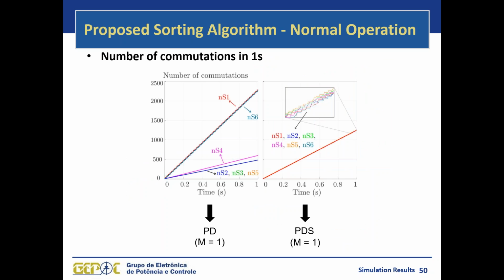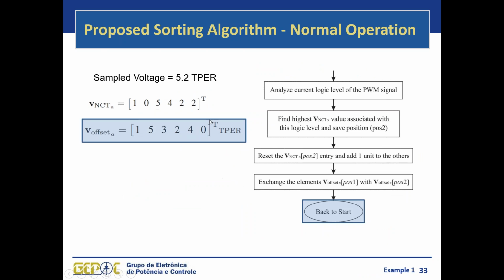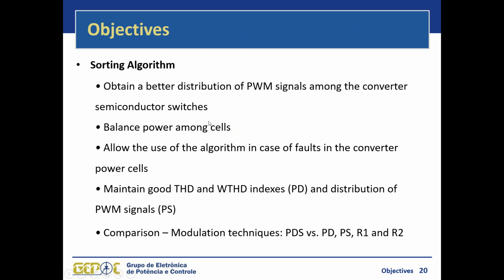We also have some comparisons here between the PD modulation and the PDS modulation, in which we count the number of commutations for the switches during 1 second. We can see here that switches S1 and S6 are the switches that take over the PWM.